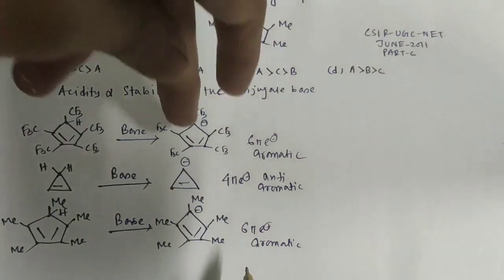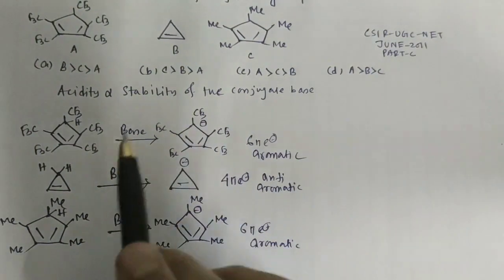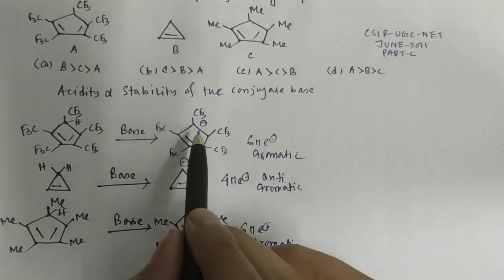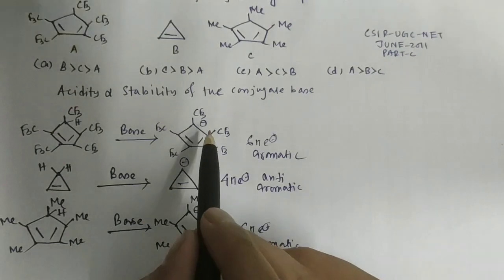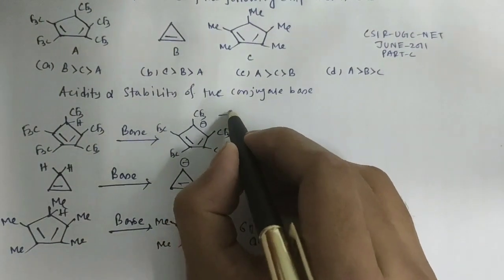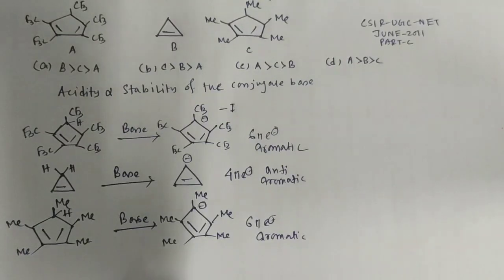Now we have to compare between A and C. We can see that here is an extra stabilizing factor, that is, the negative charge is also stabilized by the electron withdrawing CF3 groups. CF3 groups will show very high electron withdrawing inductive effect.